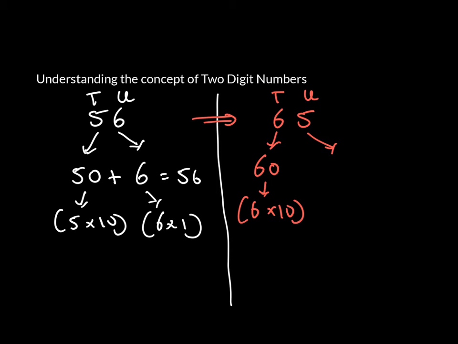And the value of 5 is 5 as it is 5 times 1. It's in the ones place. And the total value of that is 65. So I hope you have got this concept of two-digit numbers. Why did we do this? In order to solve the next problem.